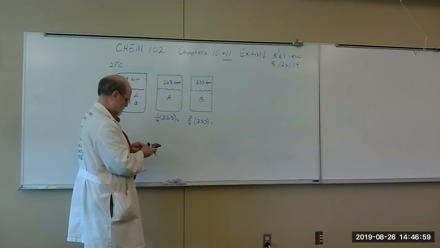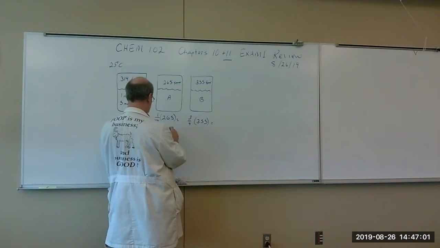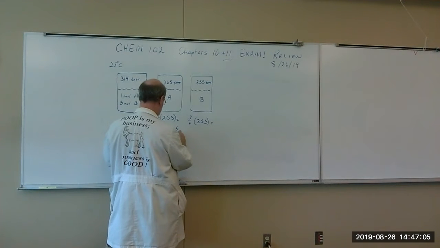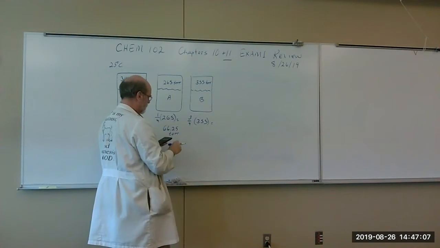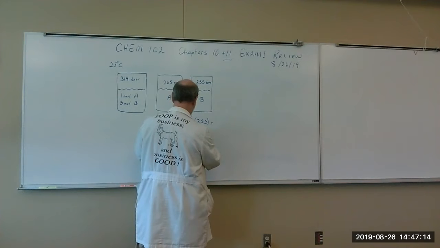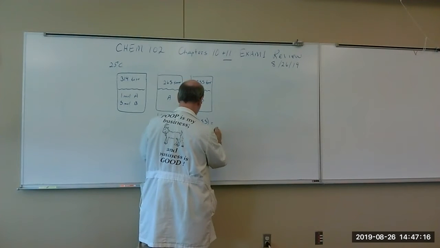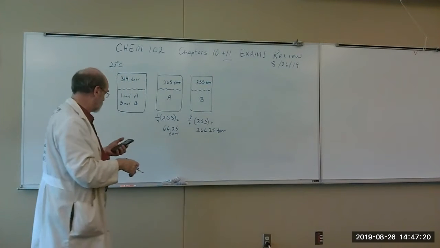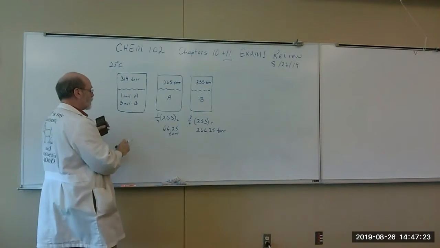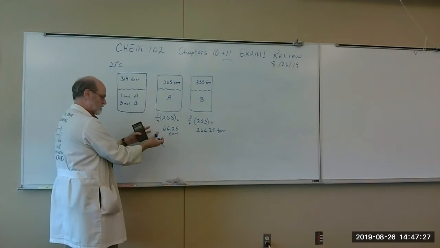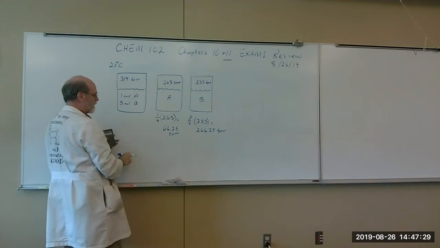1/4 of 265 is 66.25 for the contribution from A, and the contribution from B is 266.25 torr. I'm going to have to round those off later anyway. So we would expect this contribution and that contribution to add up to give you that value.